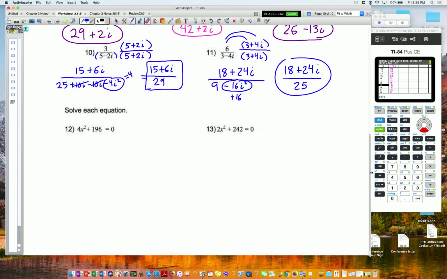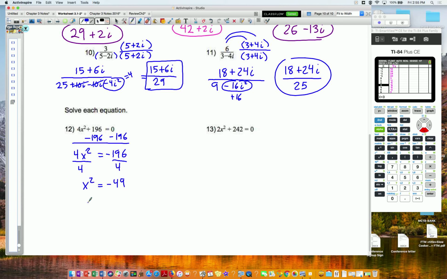All right, so that takes care of simplifying imaginary numbers. Now how do we solve? Here we're trying to get x by itself, so just start to do your inverse operations. Minus 196. So we have 4x squared equals negative 196. Divide both sides by 4. x squared equals negative 49.